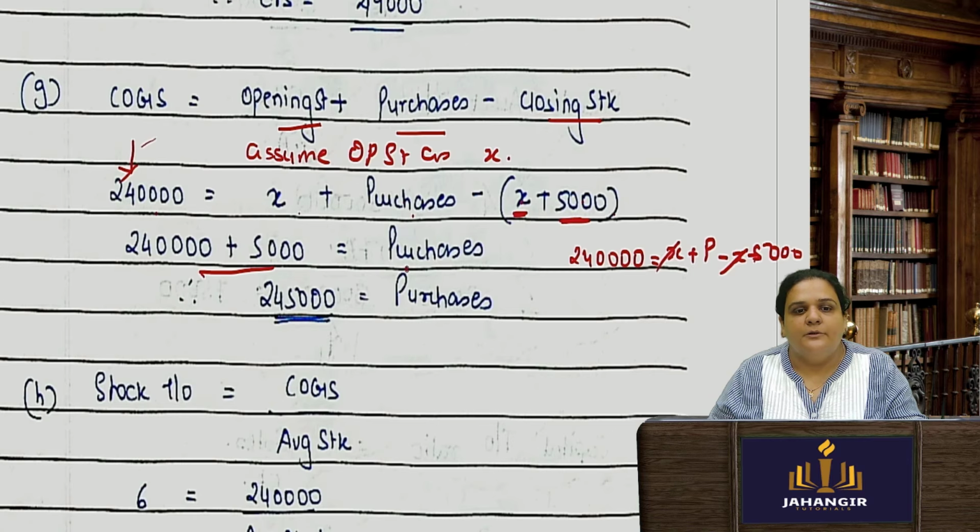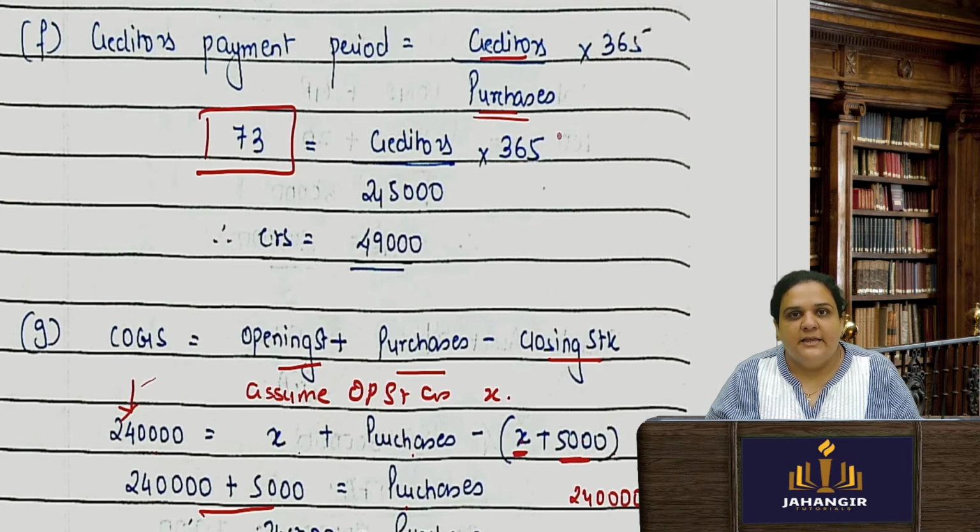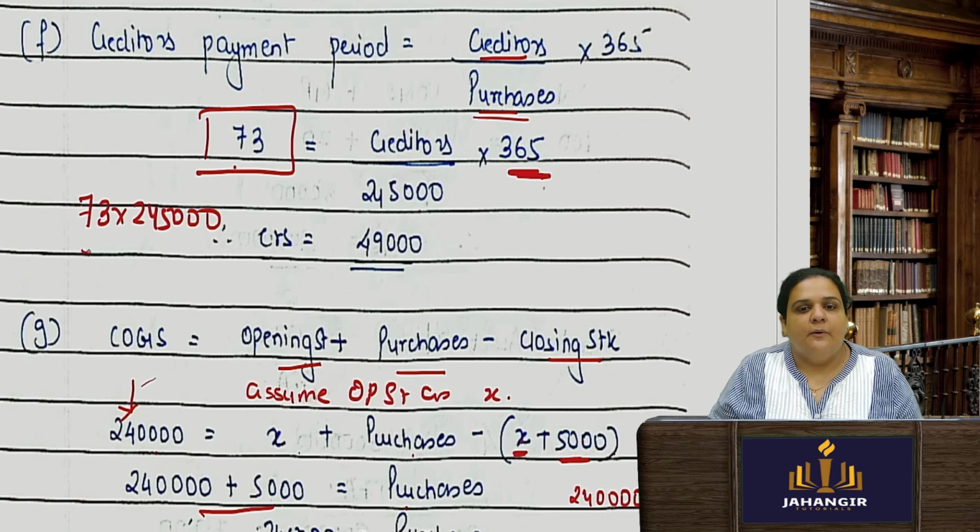That will be equal to purchases. So 2,45,000 will be the purchases. So purchases I have, creditors I don't know. I know the credit payment period. Into 365 I'll take. Why? Because this is in days. Right? So 73 into 2,45,000, divide that by 365.